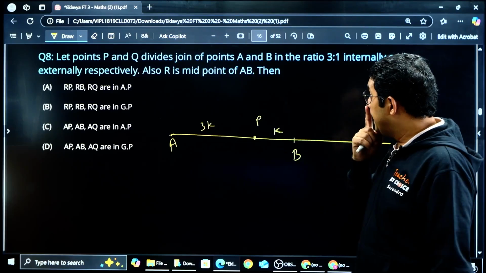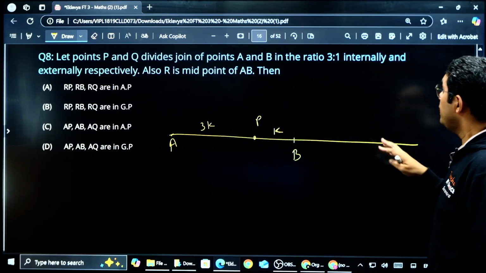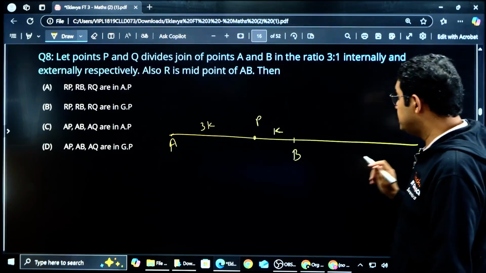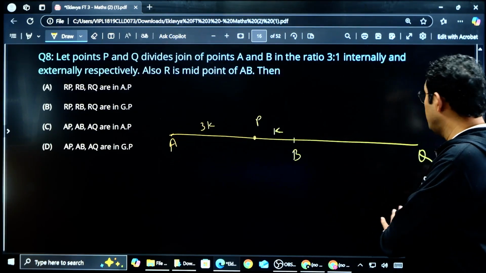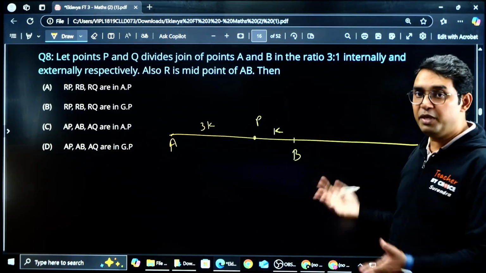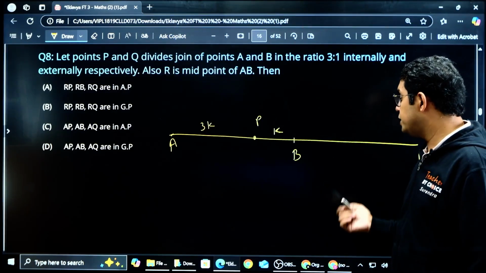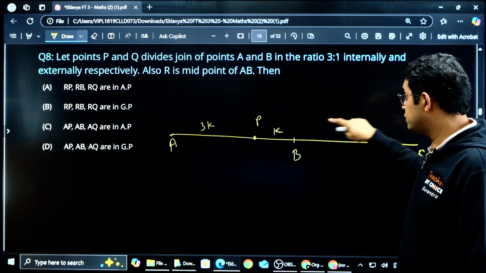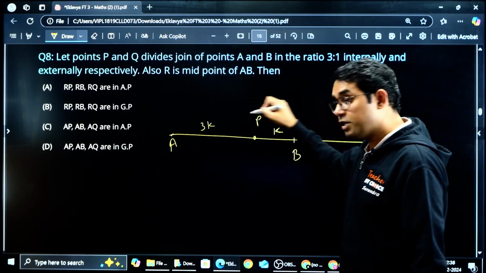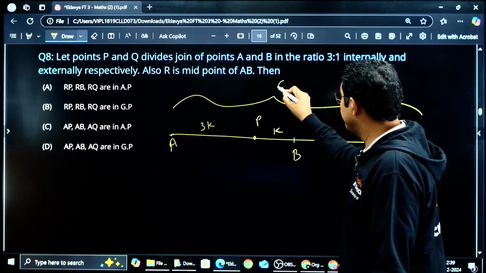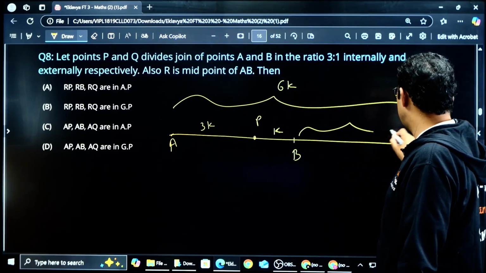Similarly, Q divides the join of AB externally in the same ratio. So Q will be somewhere here. That means the distance of Q from A will be 3 times the distance of Q from B. Now you can do the calculation. If this distance has to be 3 times the distance from B, in terms of 3K itself, this entire distance has to be 6K and this has to be equal to 2K.